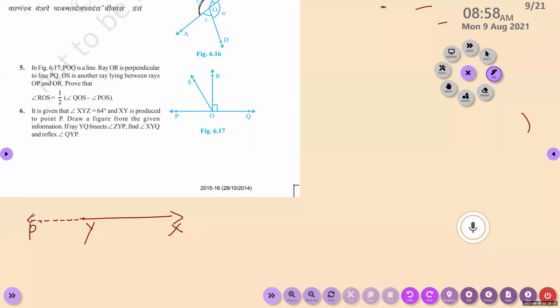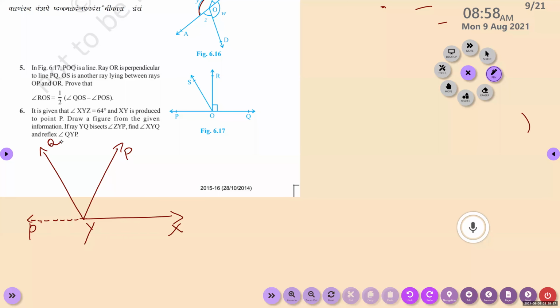What is given? XY is produced to a point P. Then ray YQ bisects ZYP. So Q will be here.